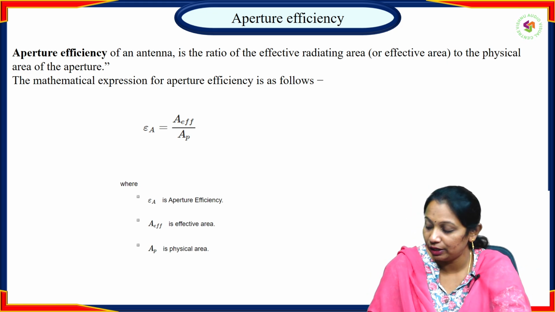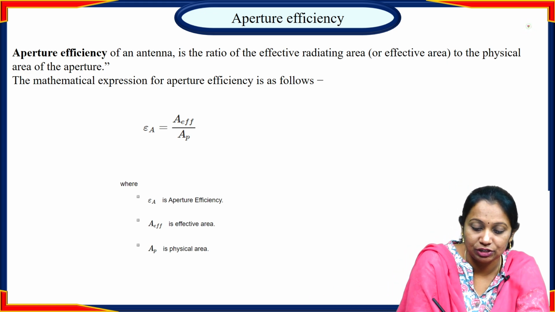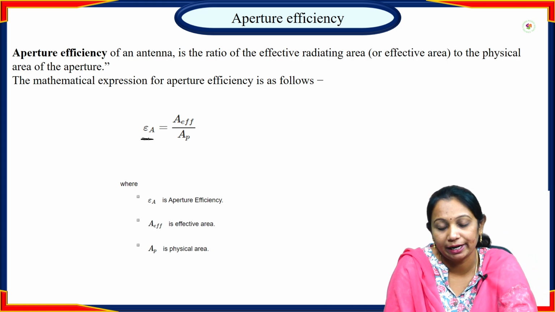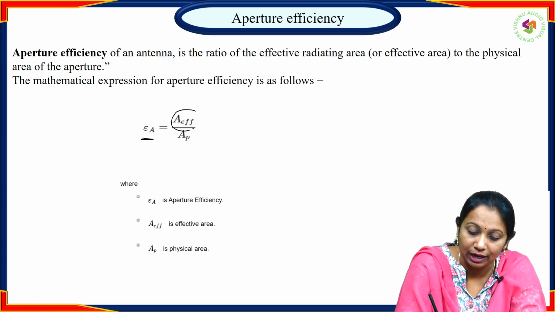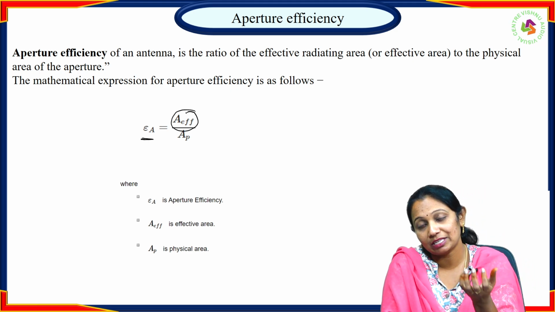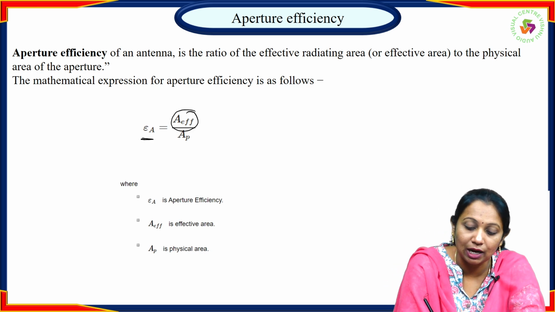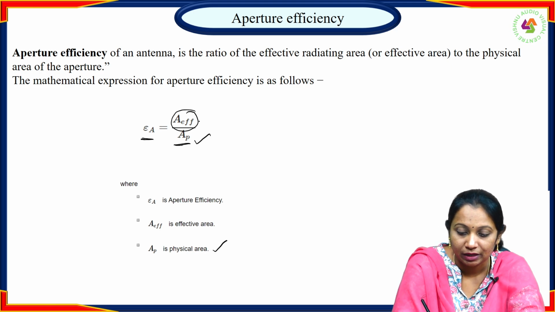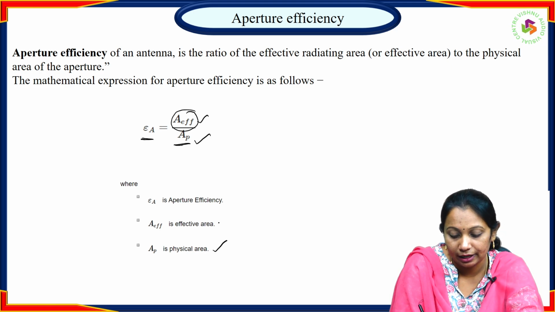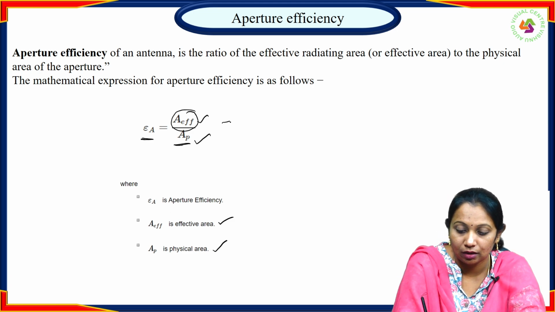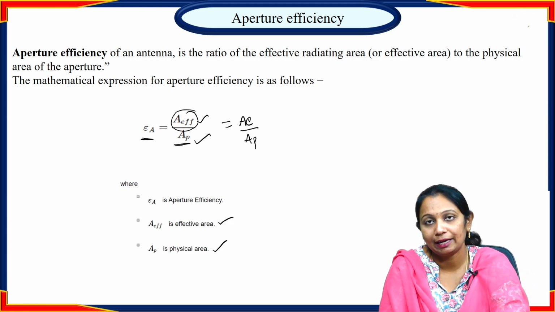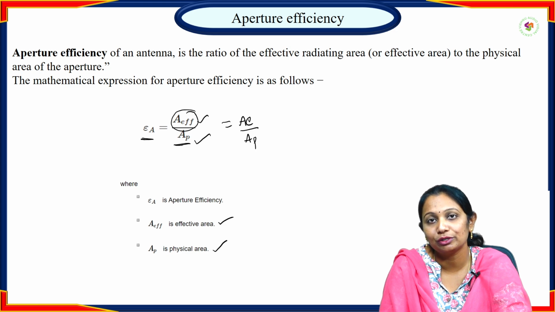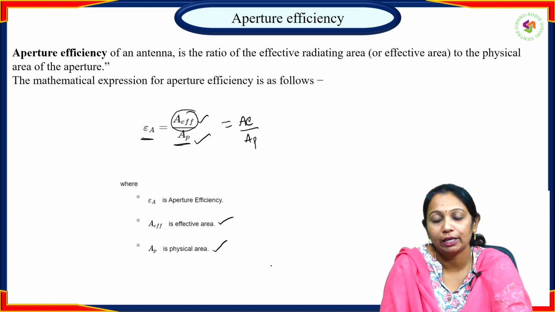The same way, the aperture efficiency is defined as the ratio of the effective area, how much of the EM waves extracted from the antenna, to the physical aperture, where AP is the physical area of that antenna. AE is the effective area, so the ratio of AE to AP is called the aperture efficiency.